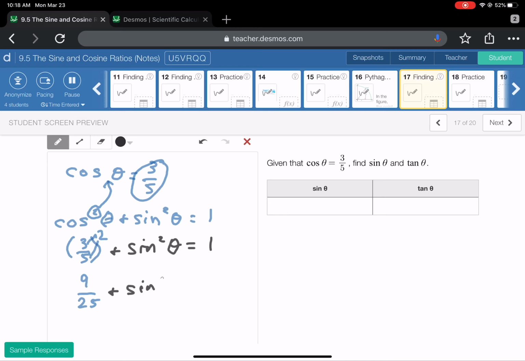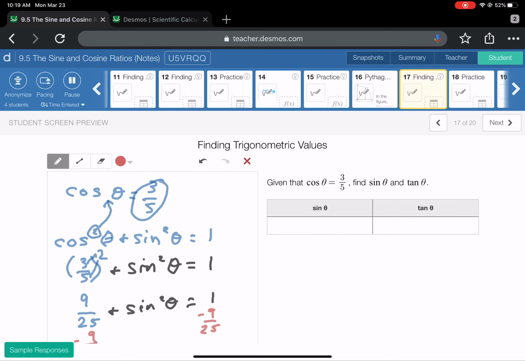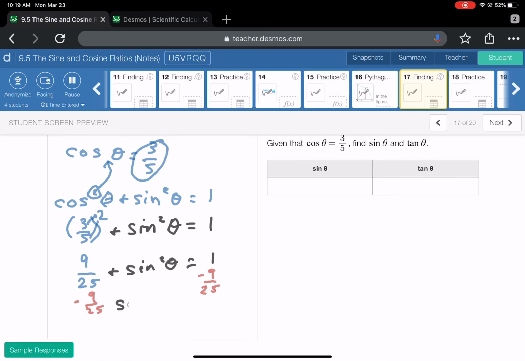Next up, we're going to bring everything down. Sine squared theta is equal to 1. This is going to help me find sine, so I'm going to subtract 9 over 25 from both sides. Sine squared theta is going to be equal to 1 minus 9 over 25.